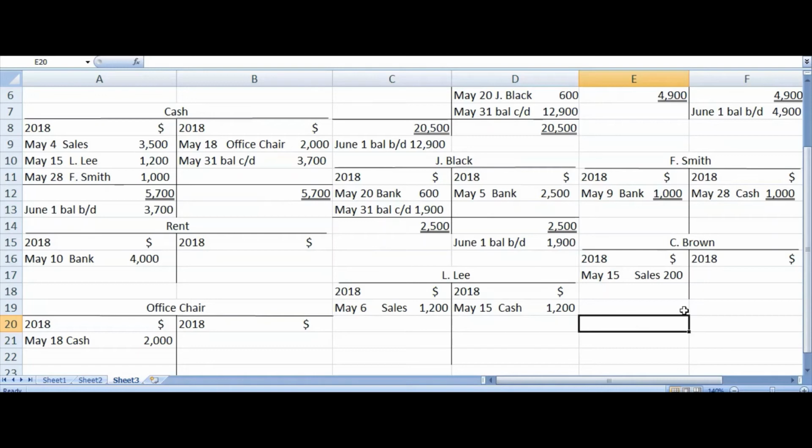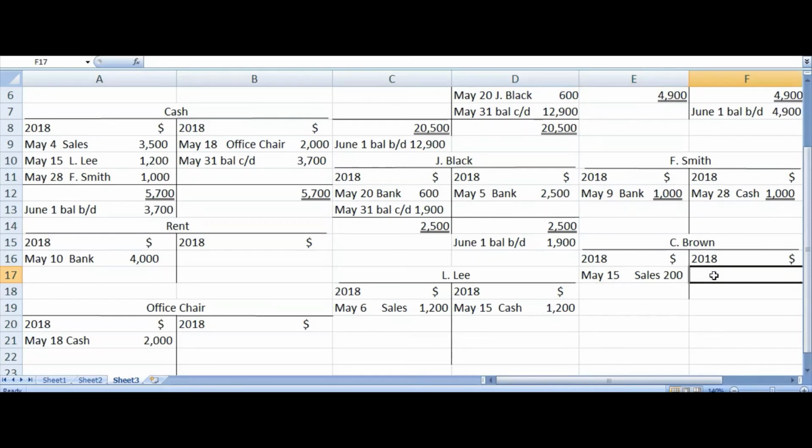Our next account here is C Brown. The debit side of C Brown's account is 200 and the credit side is 0. So we are going to take the smaller from the larger to make both sides the same.